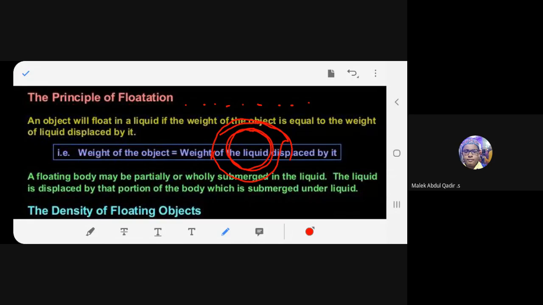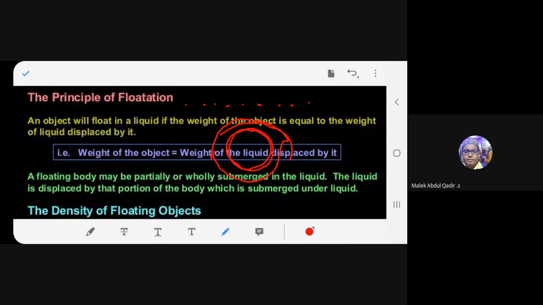Why did the surface of the water come up? Because when I'm pushing the mug inside the bucket of water, the mug is displacing the water. That volume of water is being displaced by the mug, so the level of the water comes up.